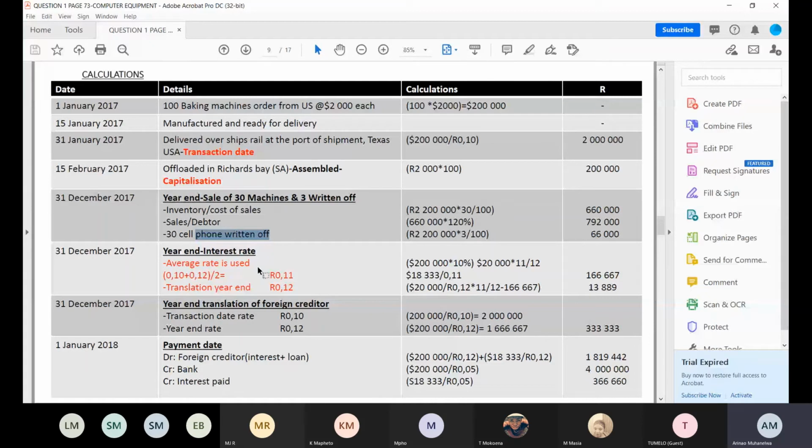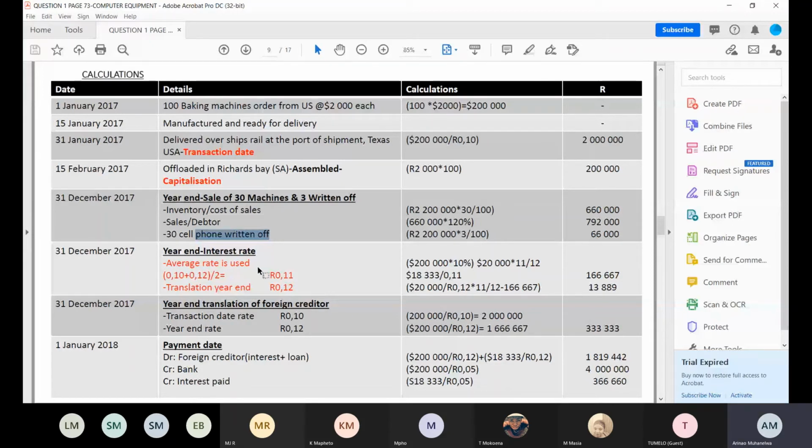So up to this point, if someone comes and asks you what is the value of inventory, you just come in and say there's a debit here for 2 million and there's a debit here for 200,000. Our total value of inventory is 2.2 million up to this point, up to 15 February 2017. Very important, this capitalization that has happened. Right, now, no other transaction until 31st December 2017.